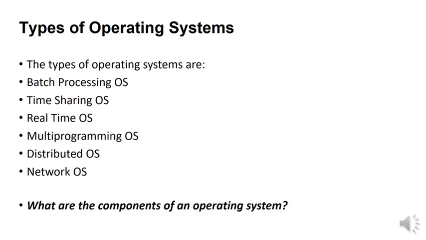Let's say the operating system needs to do what? To carry out 500 jobs or 520 jobs, and it wants to run them in batches. So it wants to run them 100 per batch.